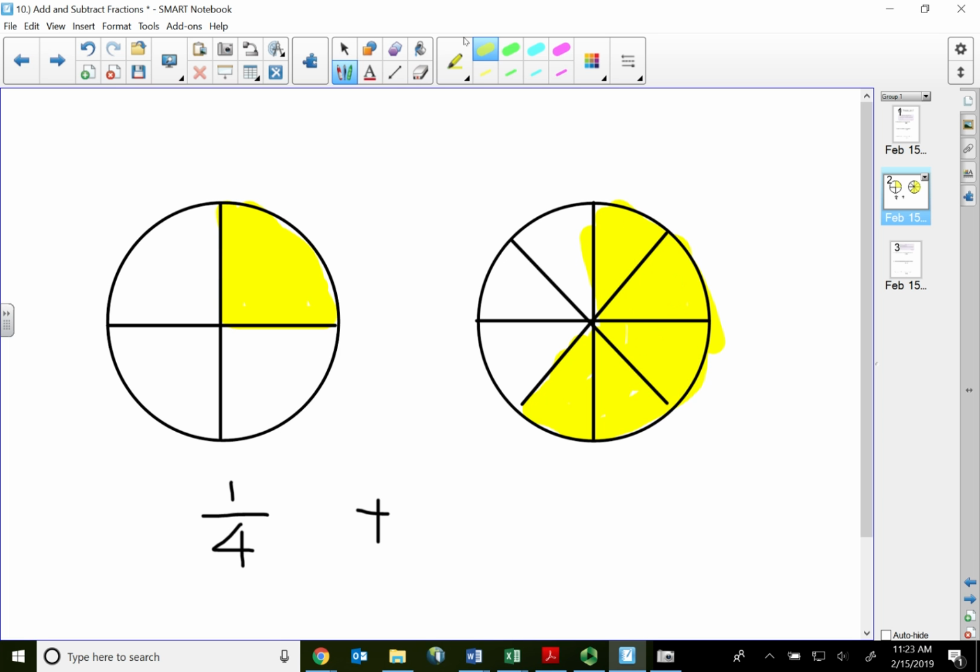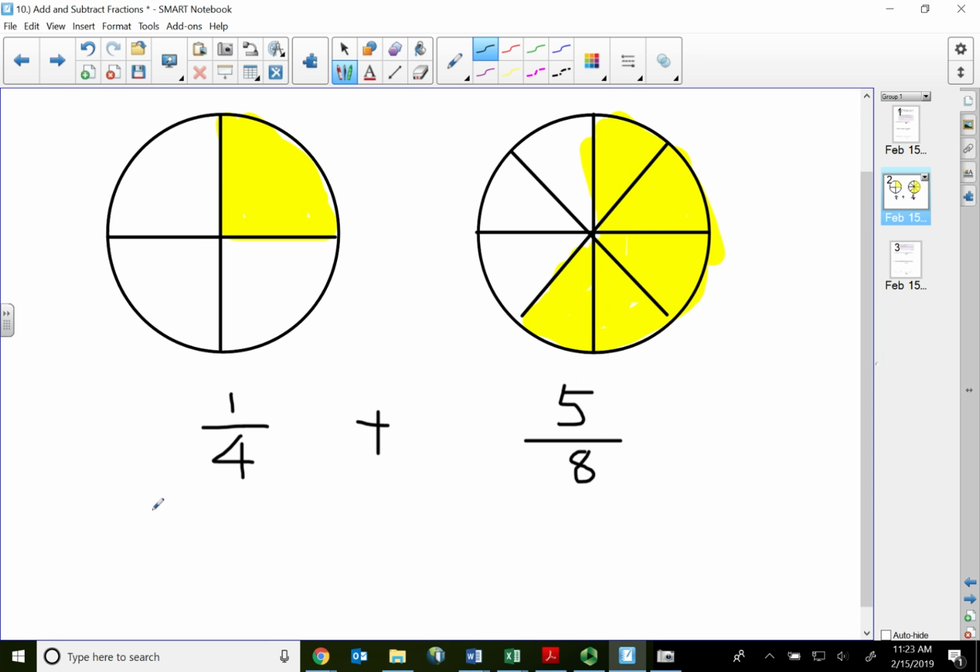The second one, I ate 5 of them, but this second large pizza was cut into 8 slices. So if we say 1 plus 5 is 6, and 4 plus 8 on the bottom is 12, that means I ate 6 slices out of 12, which is incorrect.